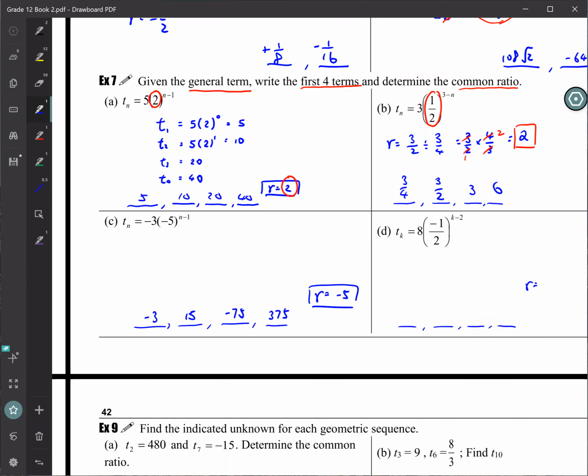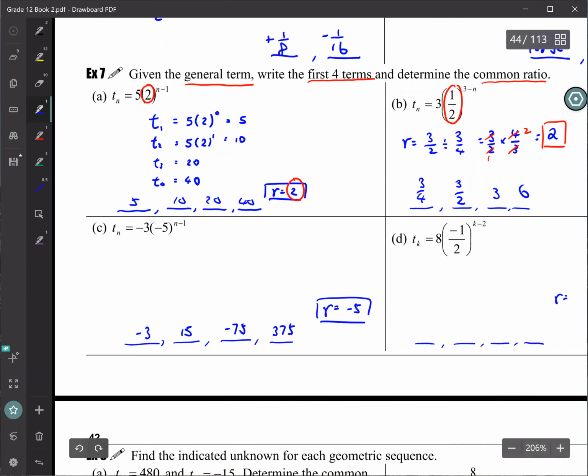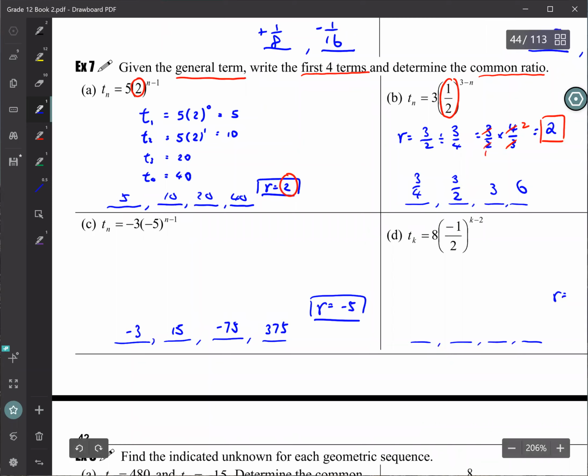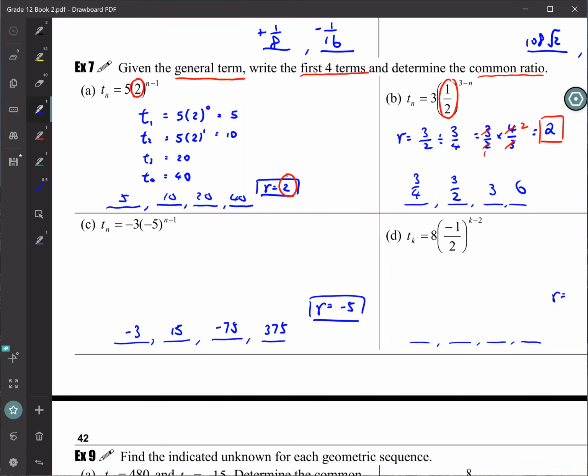Is there anyone who has a different number for A, B, C so far? If you get something different, let me know. Okay, we can find out which step you did wrong. We can go over the details.